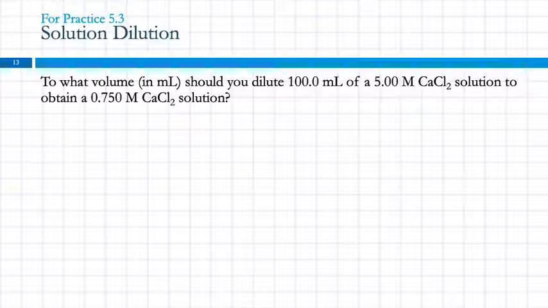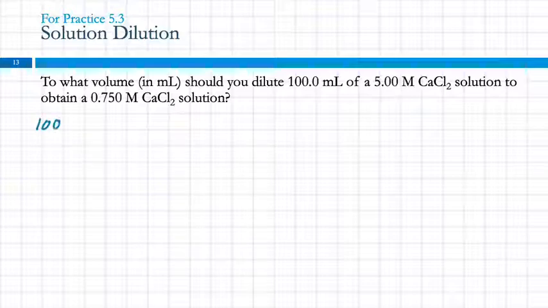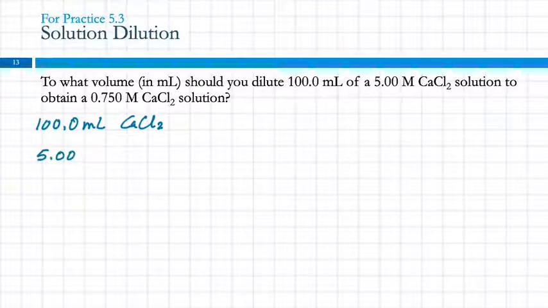So again, we've got a bunch of numbers here. Let's pull them out. I've got 100.0 milliliters of this calcium chloride solution. And I've got a concentration of 5.00 capital M, 5.00 molar.